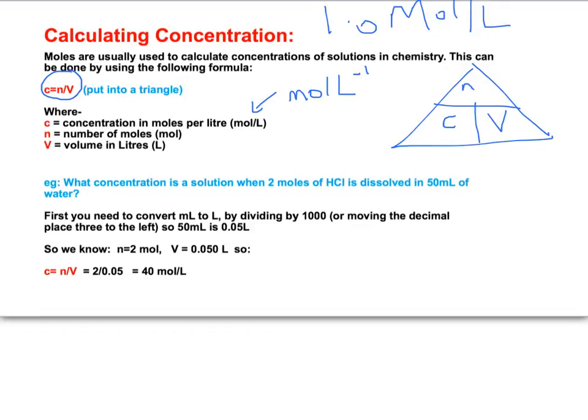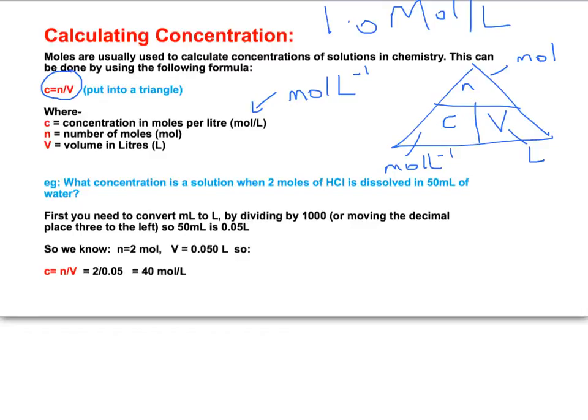Now the N is for Nigel, which is measured in, that's right, moles. The C is your, what do you think? Yep, concentration, measured in moles per litre. And the volume is the big V, and that's always got to be in litres.